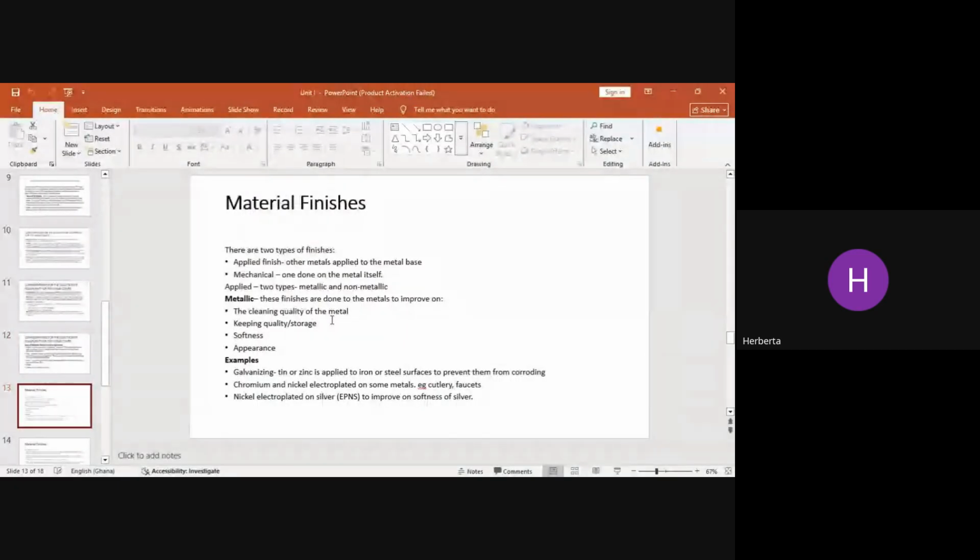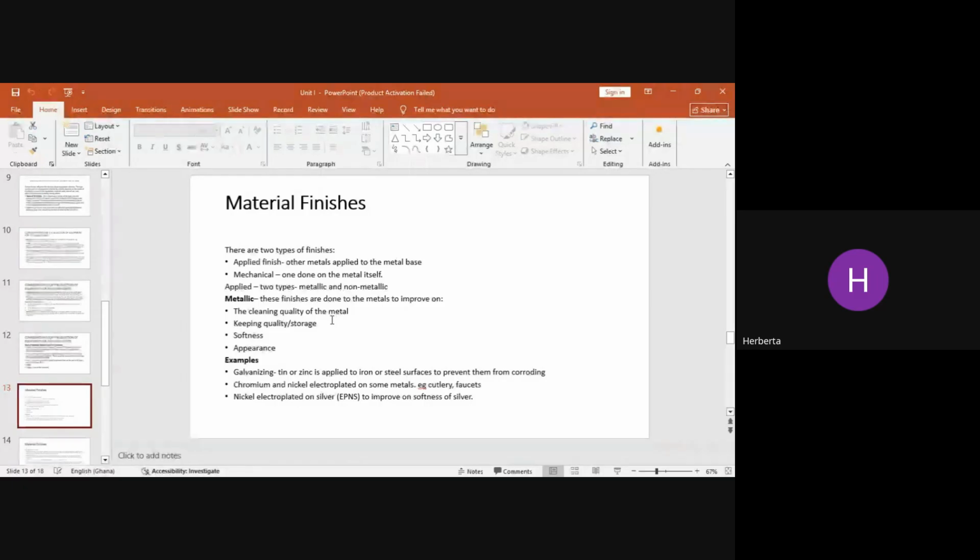Some of this equipment needs to have some finish to improve its efficiency and to make it attractive to consumers. The finishes that are applied, we have two main types: the applied finish and the mechanical finishes. The applied finishes are also made up of two: the metallic and the non-metallic.